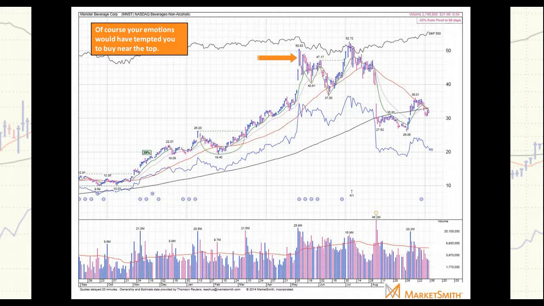I don't know how much of a rest it needs, but it needs a rest because too much enthusiasm is coming in. It's gapping up too many times, and so it's exhaustion. Anyone who wants to get in at this point will have gotten in, right? And so at that point, who's left to buy? And so you have to be careful of this and getting too excited, especially when it's gapping up after a big run.